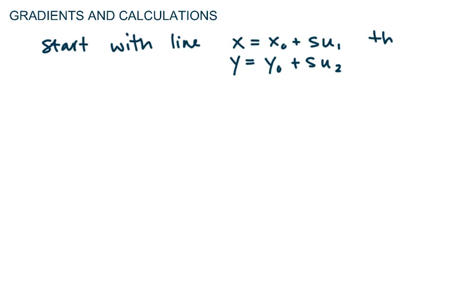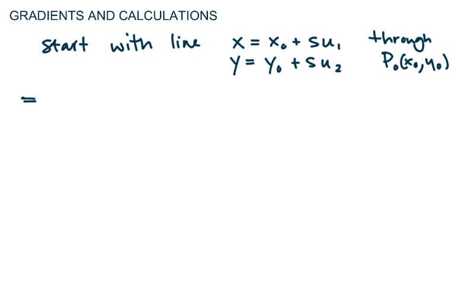And this passes through some point p naught located at x naught, y naught. So these are parametrizing the arc length parameter s, increasing in the direction of the unit vector u.